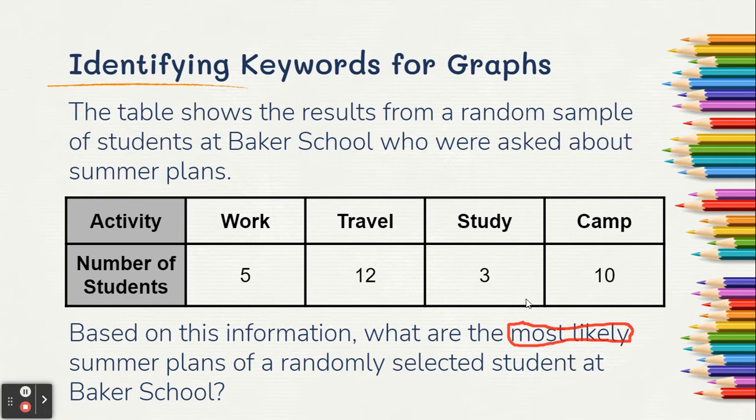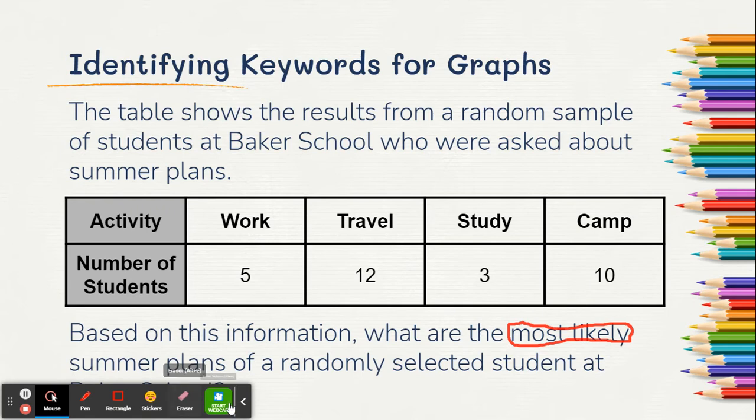Most likely is the most important word here. And remember, that means that one has a higher probability of being chosen. So to answer this, I would go to the number that's the highest. And that's all we have to do. So circle all of your important words and then define them. Okay, let's go on to our next one.